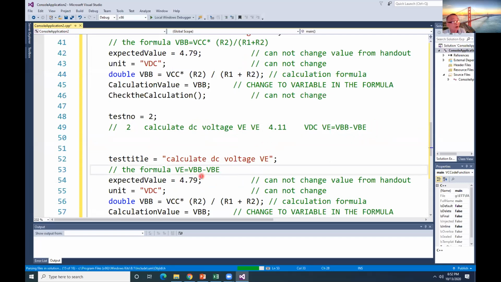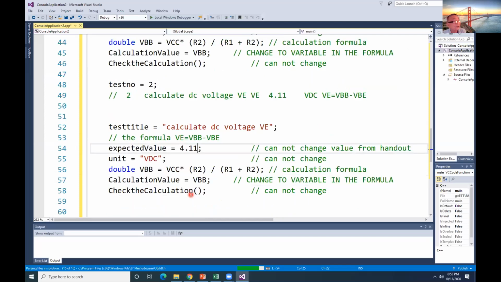Expect value 4.11. Okay. And now you go to the double here, copy VE here. Paste them out here. Okay. And this must be changed to VE.